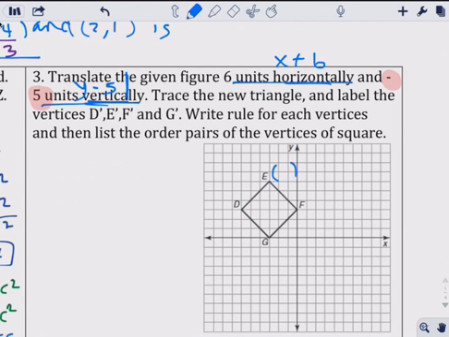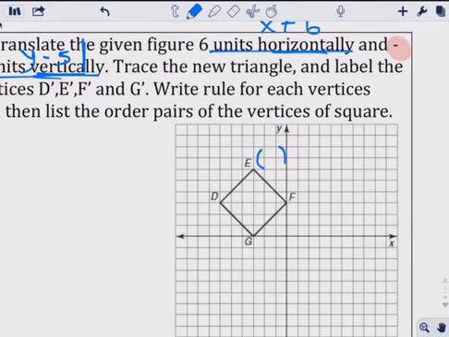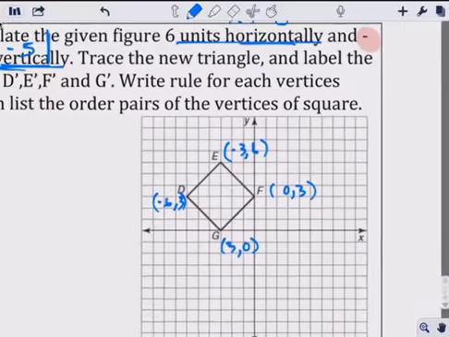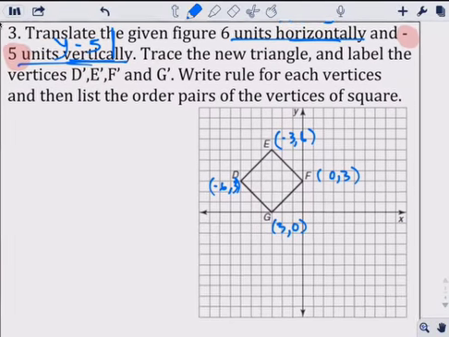And we assume each box represents 1. So E is -3, 6. F is 0, 3. G is 3, 0. And D is -6, 3.